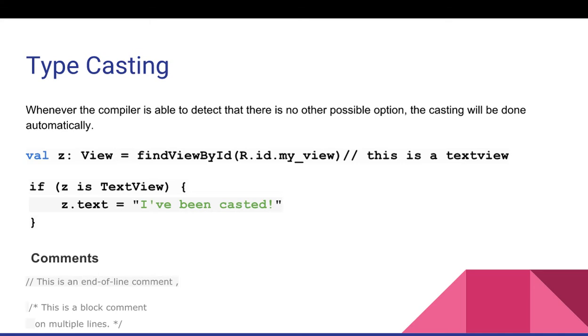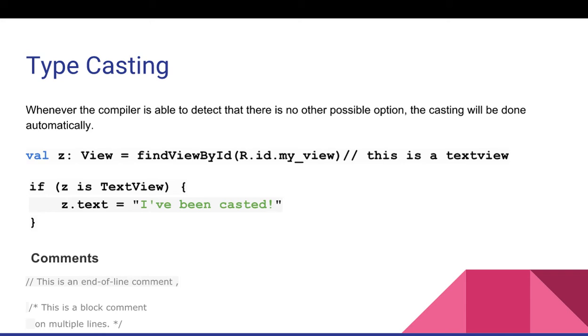So val view equals findViewById R.id.myView. Here myView is a TextView. So if we check, if view is TextView, then view.text equals I have been casted. Here we have not casted anything, but it is automatically casted into TextView.